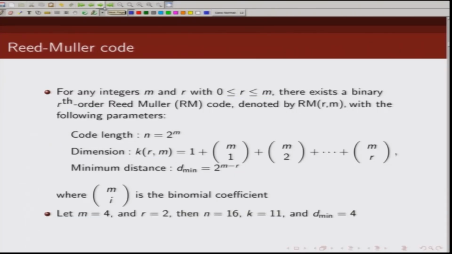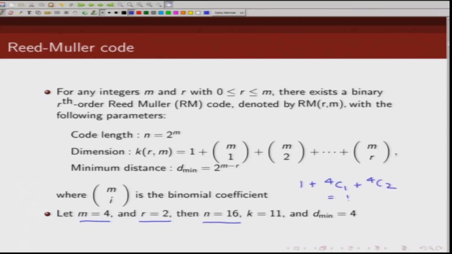So, let us take an example. Let us take m to be 4 and r to be 2. In this case the length of the code word will be 2 raised to power 4, which is 16, and since the order of this Reed-Muller code is 2, k will be 1 plus 4c1 plus 4c2.